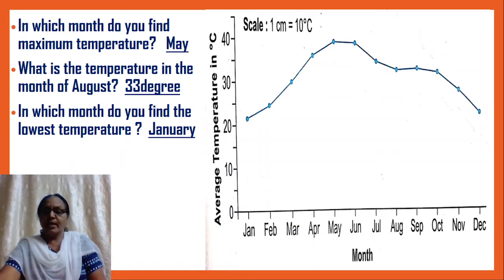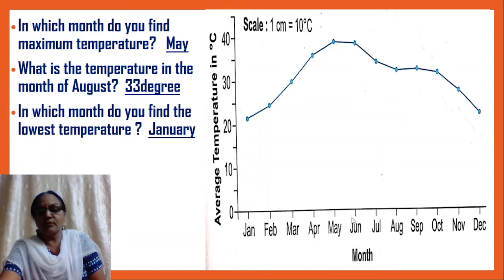On the x-axis we find months are given, from January, February, March, April up to December, and on the y-axis we have average temperature in degrees.